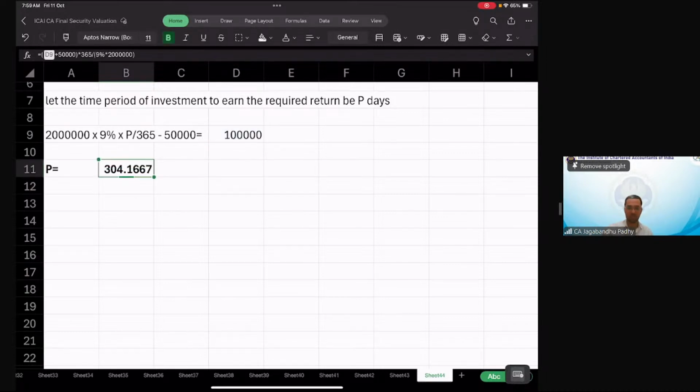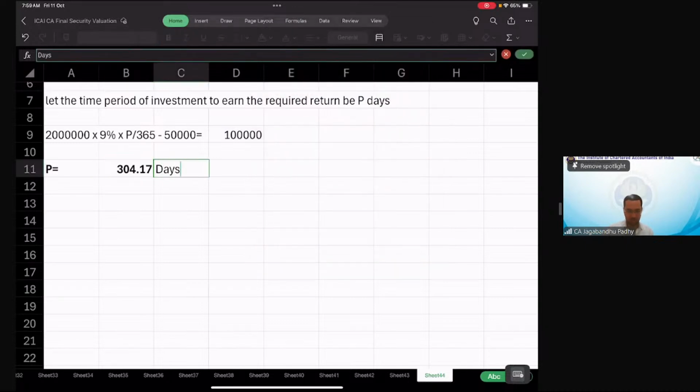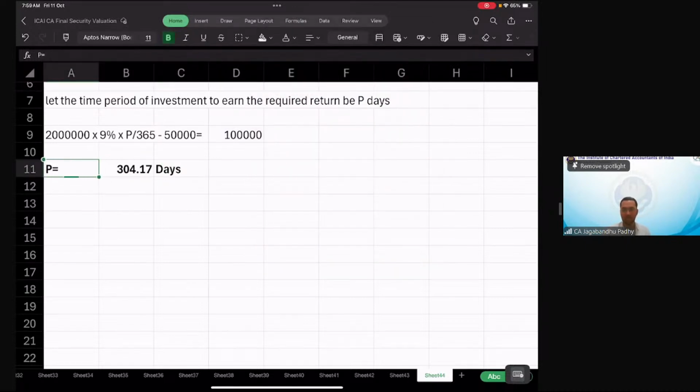So it's like 304.17 days. So if you're going to hold this investment for 304 days, we will be able to recover the 50,000 and additionally we'll be able to earn 1 lakh as the income on this.